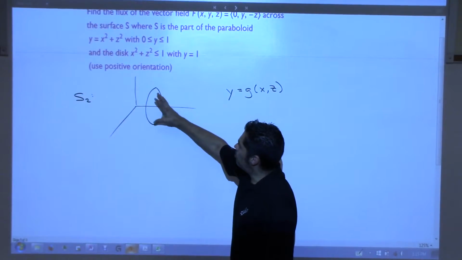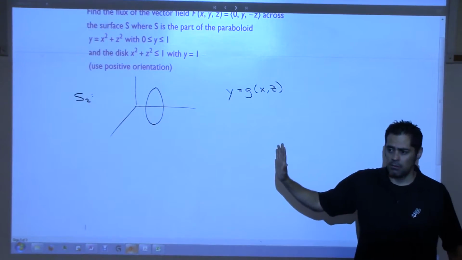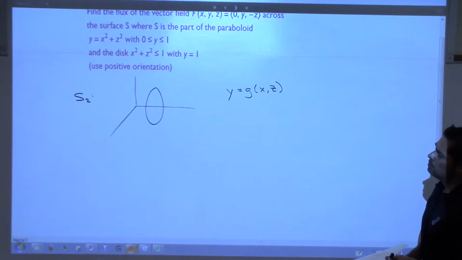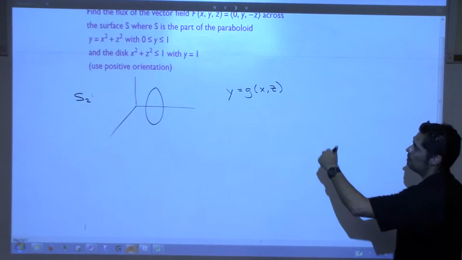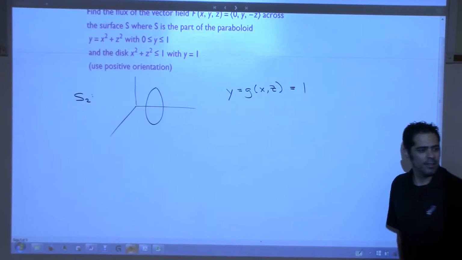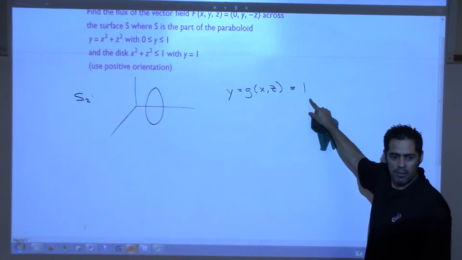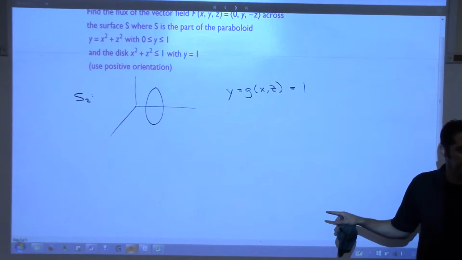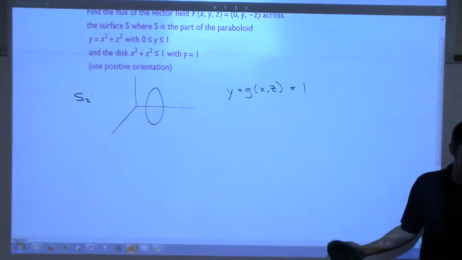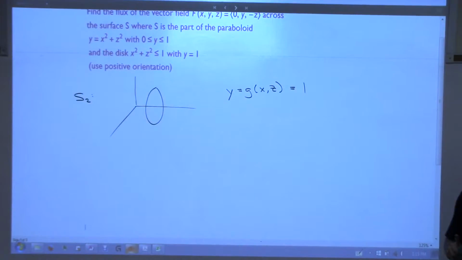The disk is an inequality, I agree with that, but do you agree that this disk lies on a plane? What plane does that lie on? It's parallel to the xz plane. It's actually y equals 1, right? Isn't that what it is? And that, you could say, is a function of two variables, x and z. They just don't appear there. And then you could go to the shortcut, couldn't you? It's just that your partials are going to wipe almost everything out. That's one approach. I'm not going to do that approach. I'm going to do something a little different. It's faster, and I think you'll appreciate it.